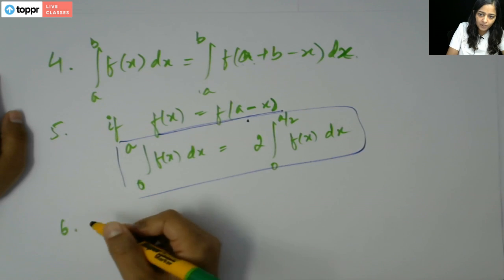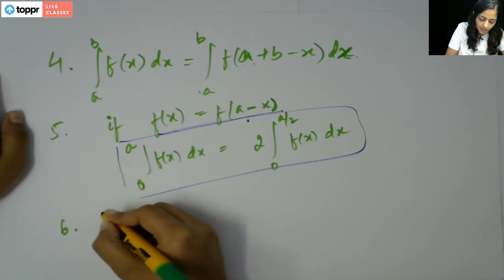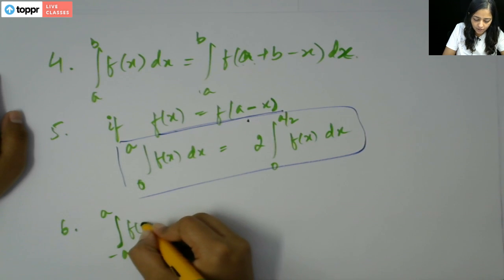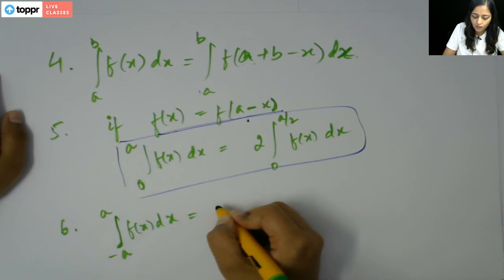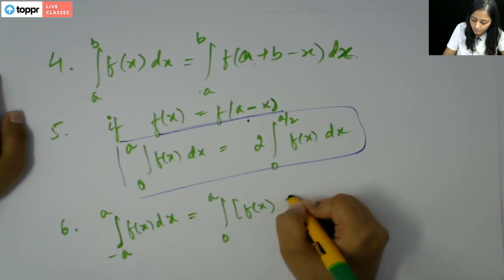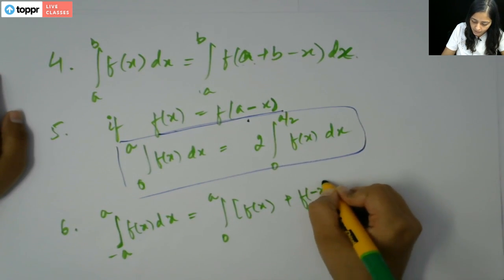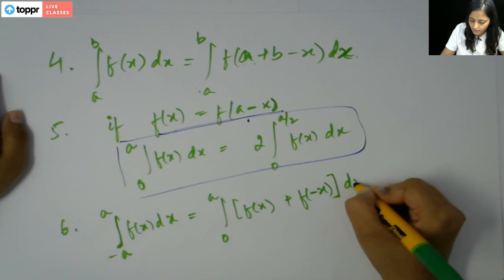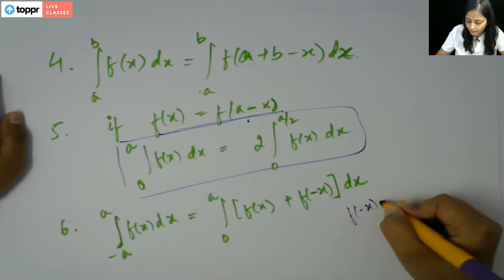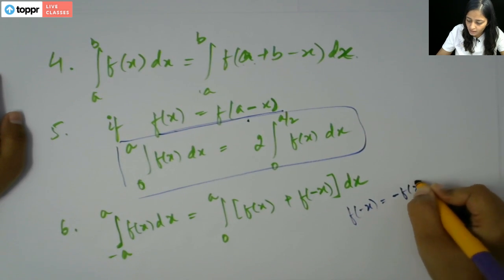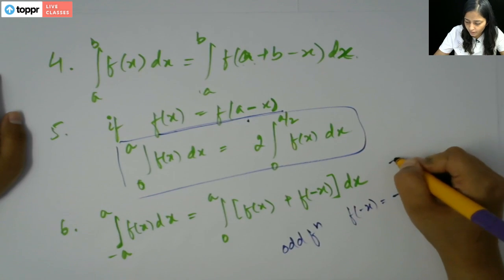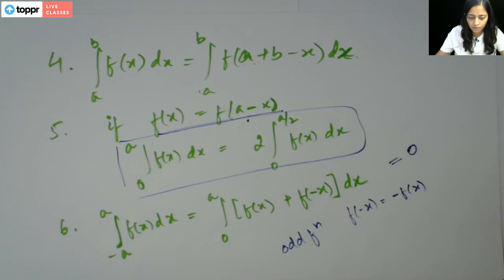Then the sixth property is minus a to a. If the limit is from negative a to positive a, f(x) dx is equal to integral 0 to a of f(x) plus f(minus x) dx. Now here if your f(minus x) is equal to minus of f(x), that's in the case of an odd function, then your integral becomes 0.